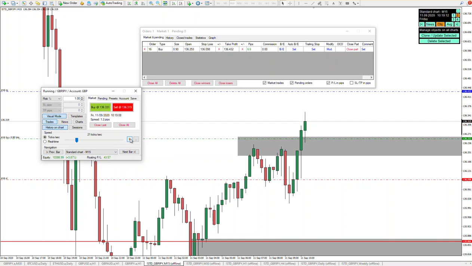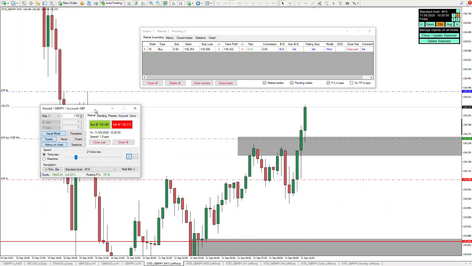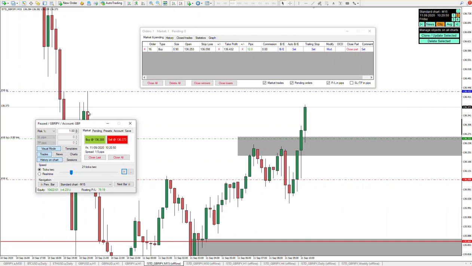Let's see if we can get some more out of this trade. If we break its own low, I will close the full position. Right now we have like 12 pips. We are above this resistance.